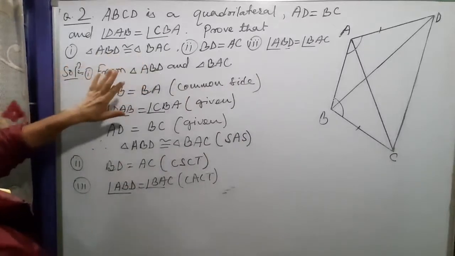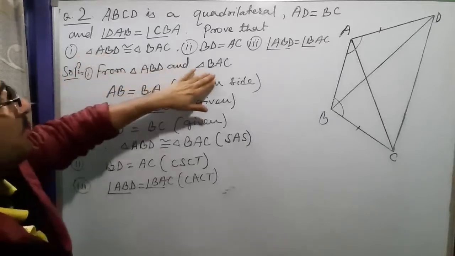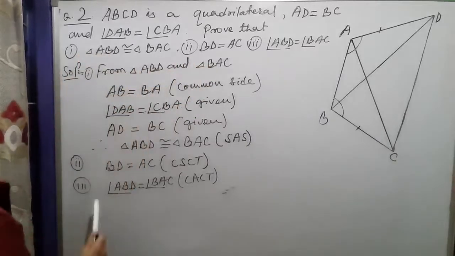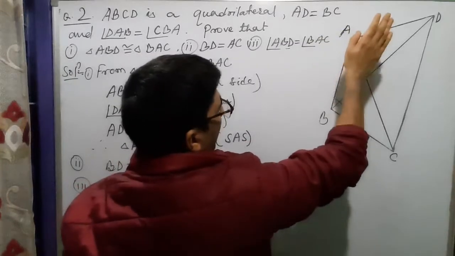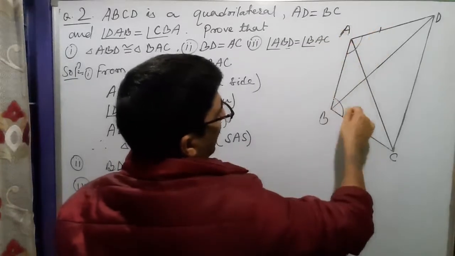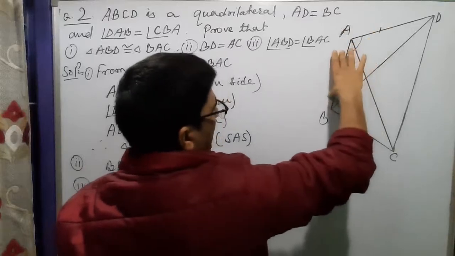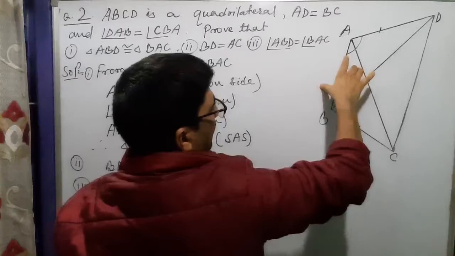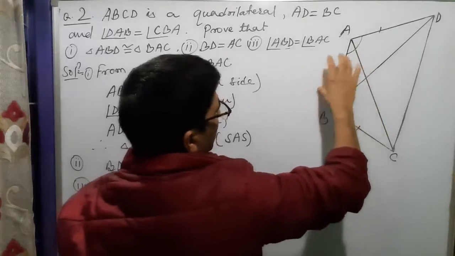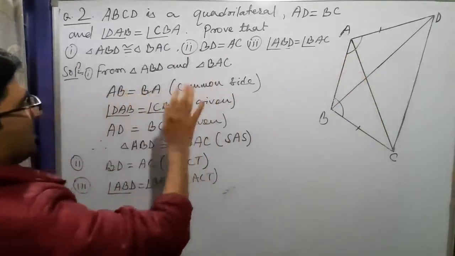So first, in triangles ABD and BAC, AB equal to BA. The same side: AB for triangle ABD and BA for triangle BAC. We have written same side, so AB is the common side.